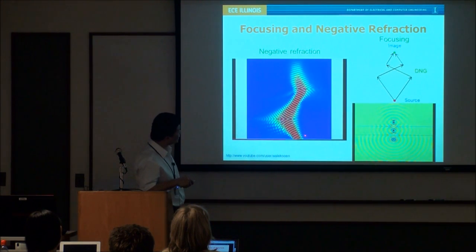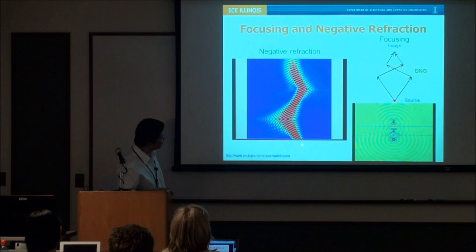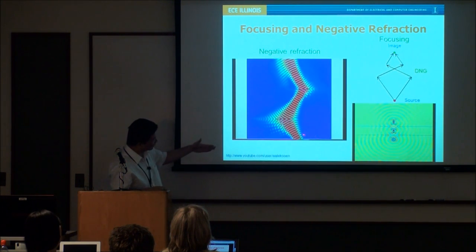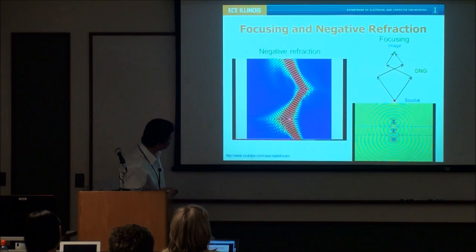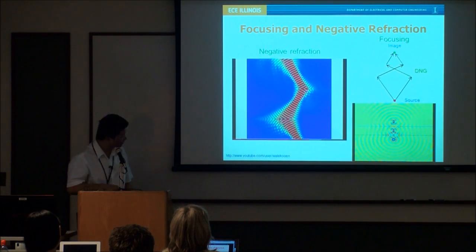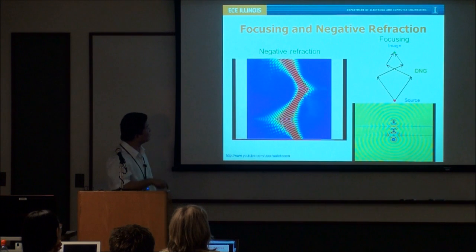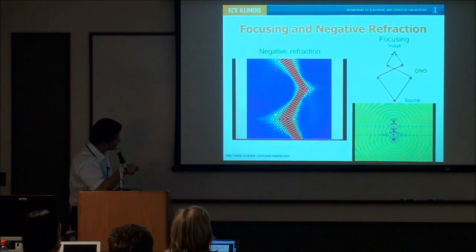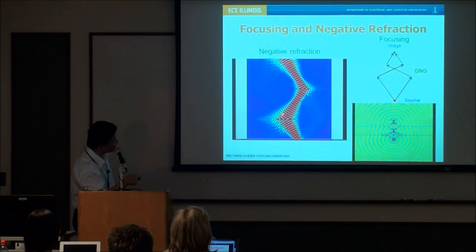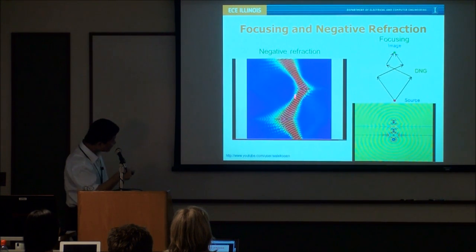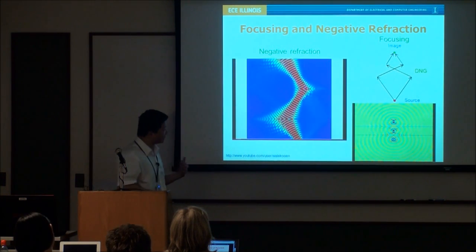For normal refraction, this is a plane wave propagating in the air, then getting into that piece of positive material, and you will see the wave bending in that direction. But for the negative refraction, your wave is actually bent to the opposite direction. That's why you will see the wave bending in a very different way.